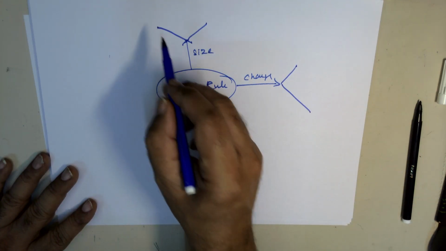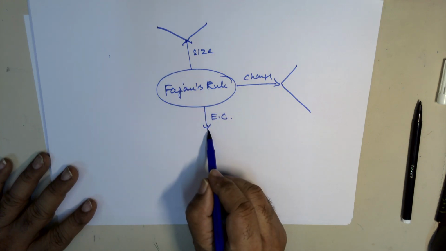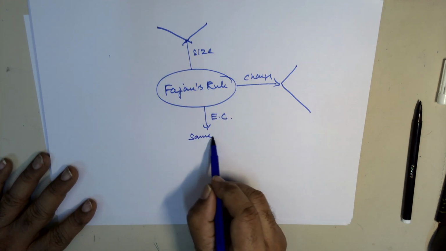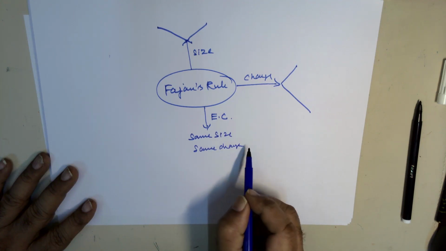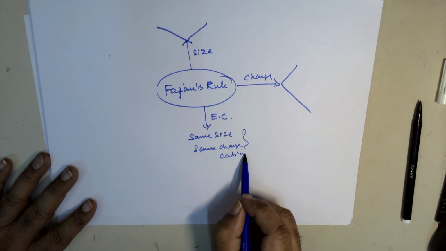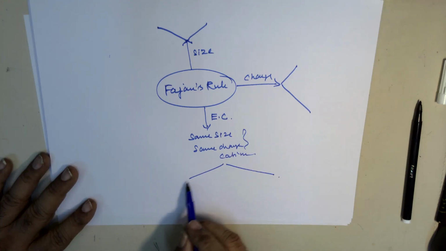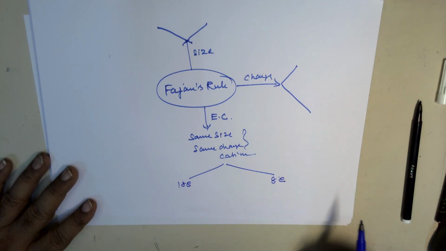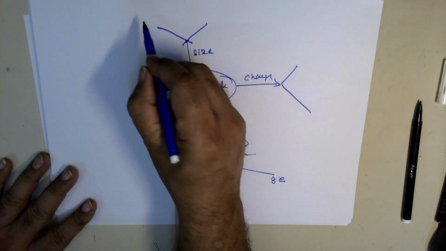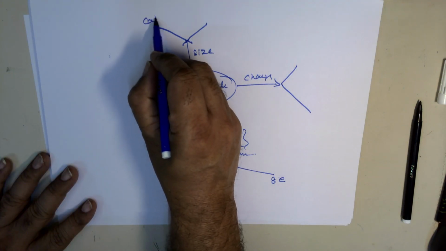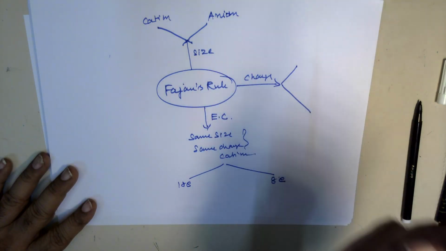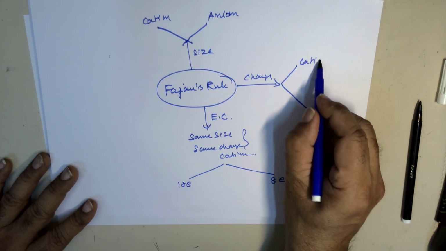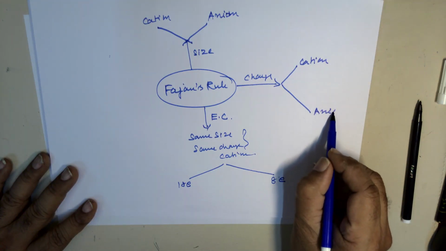Now in this case, we talk about the same size, same charged cations. So here let us split. This one is the 18 electron system, this is the 8 electron system. And here the cation, and here anion. And here also cation, anion.